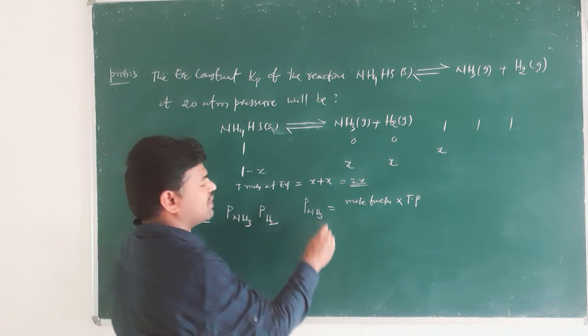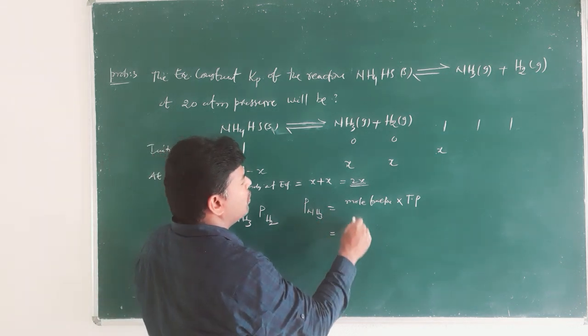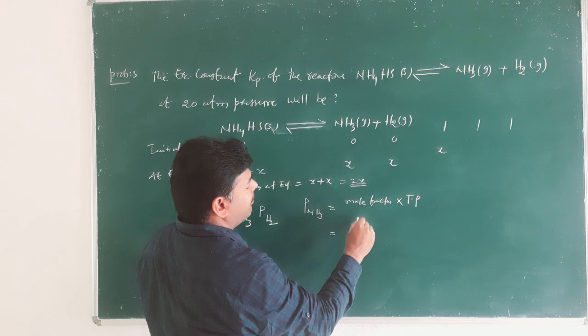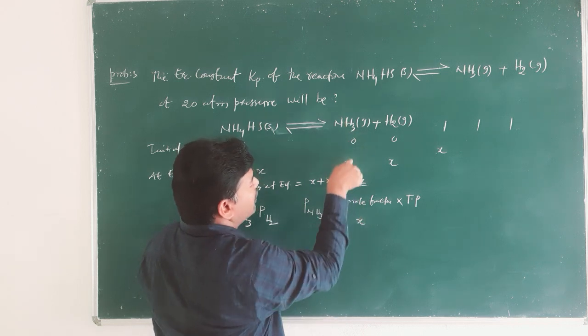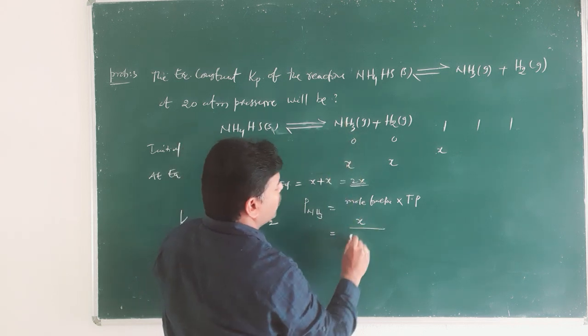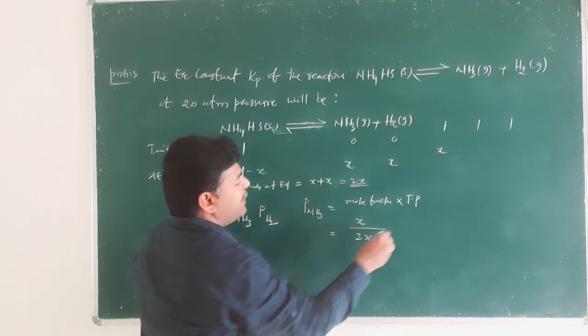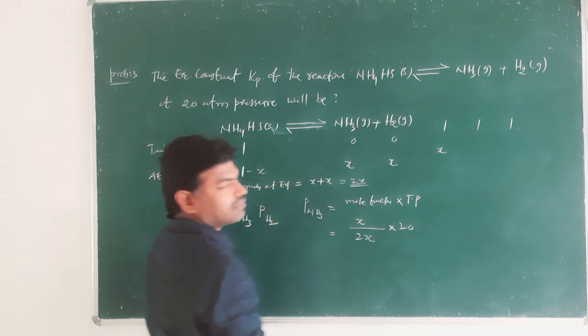So, the mole fraction of ammonia is the moles of ammonia at equilibrium, x, by the total moles 2x, into the total pressure 20. The x gets cancelled, and 20 by 2 is 10 atmospheres. And the partial pressure of H2S is equal to the mole fraction of H2S into the total pressure. The moles of H2S at equilibrium is x and the total moles is 2x, and the total pressure is 20.